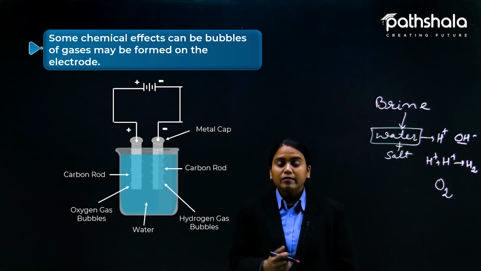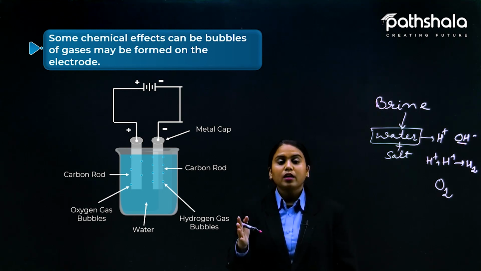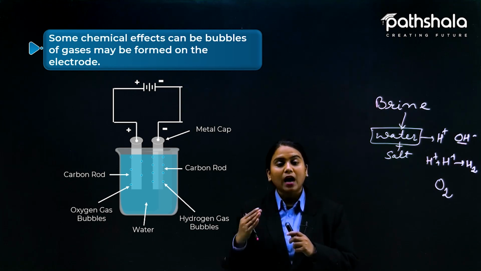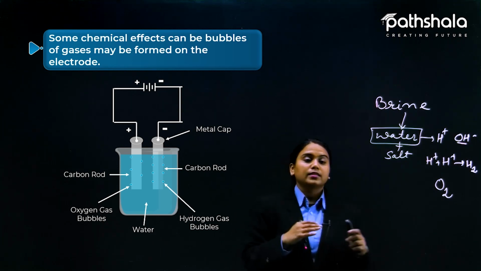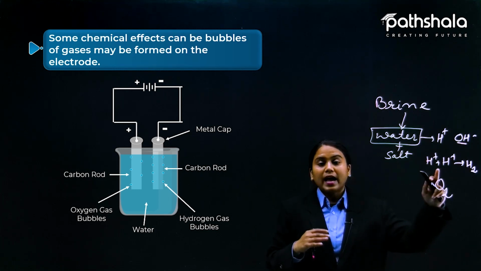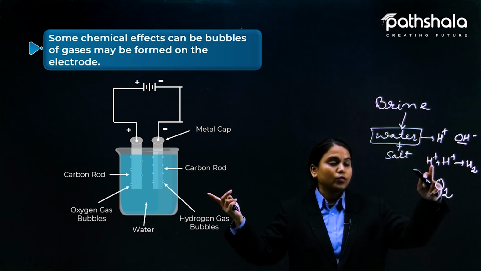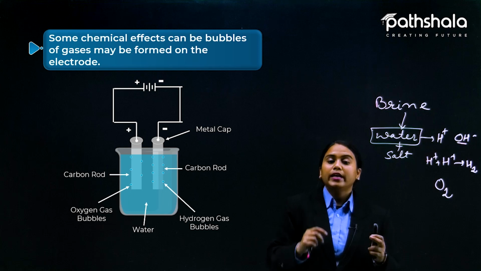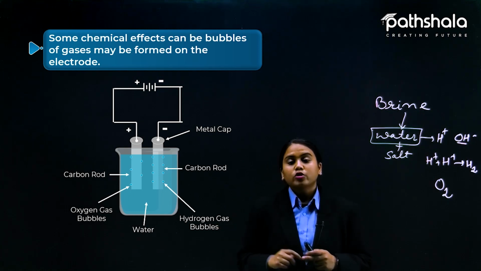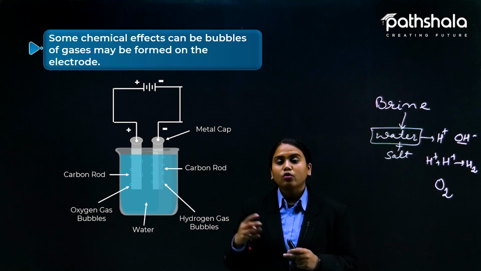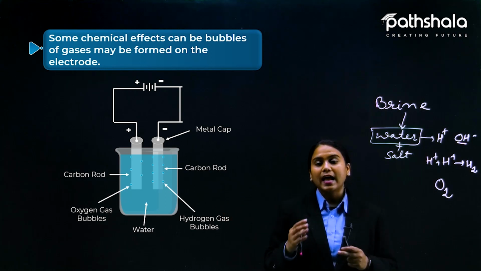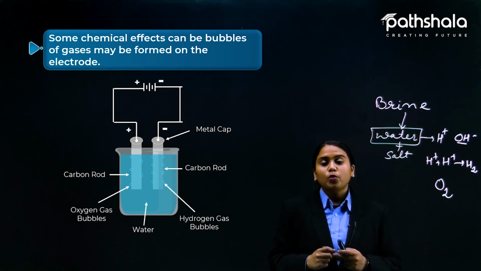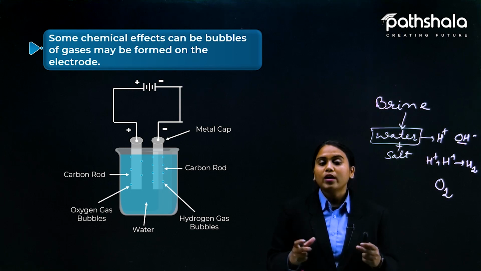So here what we will see is that at one rod, because of the opposite ion present there, the positive ions will be attracted towards the negative electrode, and the negative ions will be attracted towards the positive electrode. So at the anode we are going to get oxygen gas, and at the cathode we are going to get hydrogen gas.